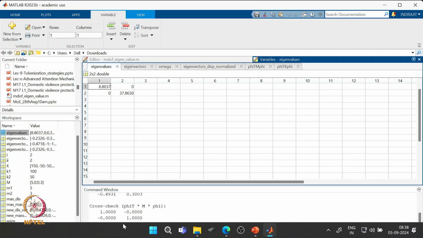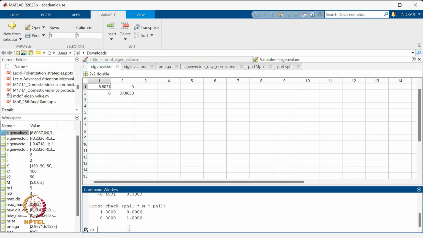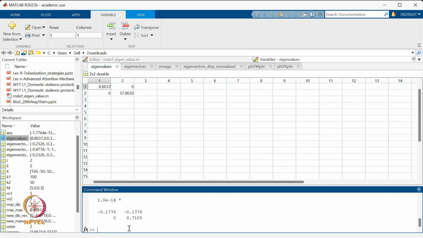Or if I just subtract these two, eigenvalues minus phi transpose K phi, you see, is it 0?